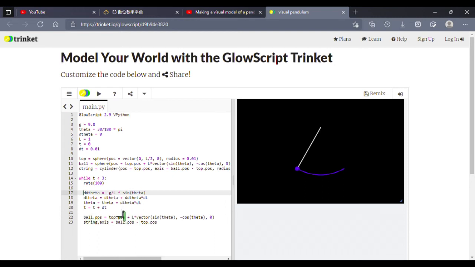So in the next step, we will update the theta to the position of the ball and the string, so we can see the next frame, and it will move eventually.